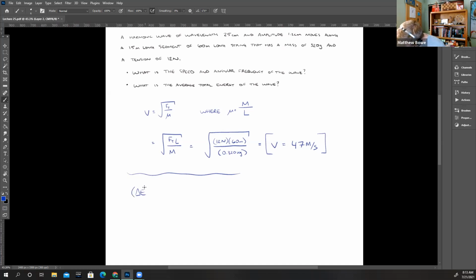So average, that was 1/2 times the linear density times the frequency squared, amplitude squared, and whatever segment I'm looking at.